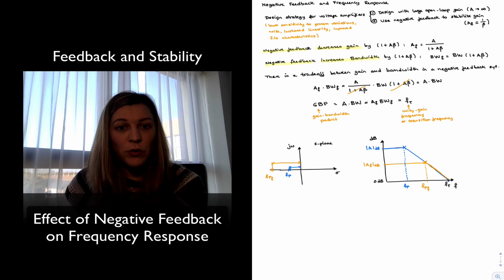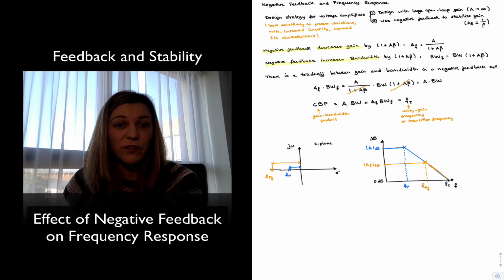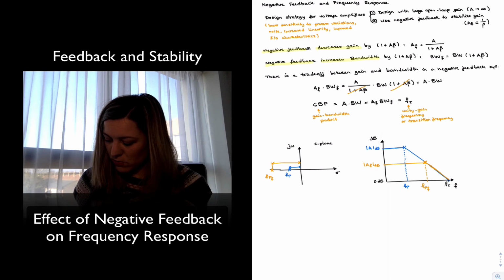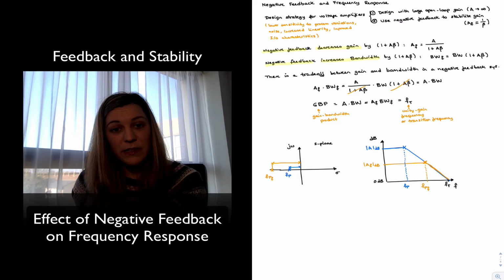For a single pole, there is a maximum phase shift of 90 degrees. For a two-pole system, there's a maximum phase shift of 180 degrees, etc. And that's going to be obviously for the range of frequencies that are above that cutoff frequency.